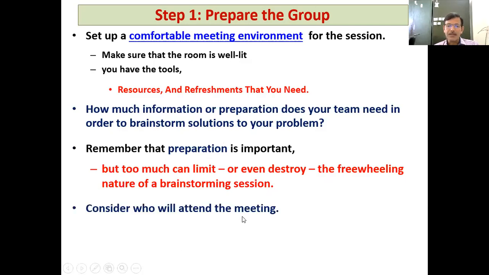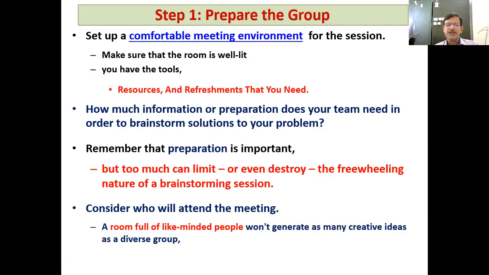Consider who will attend the meeting, who the participants are and their attributes. You should know something about your audience, as in presentation skills. Here also it is very necessary. For example, a room full of like-minded people won't generate as many creative ideas as a diverse group. Clear?